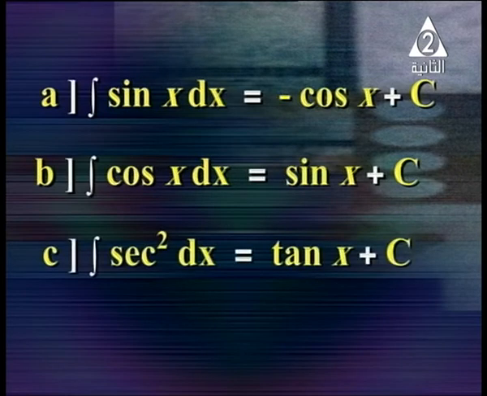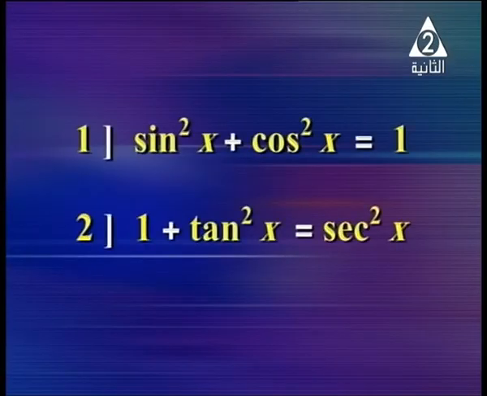The integration of sec squared x dx equals tan x plus c. Remark, dear student: sine squared x plus cosine squared x equals 1. Remember, this is the equation of the unit circle, whose radius is 1: x squared plus y squared equals 1, or sine squared x plus cosine squared x equals 1.